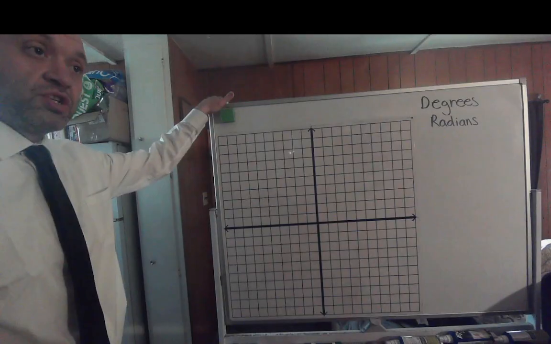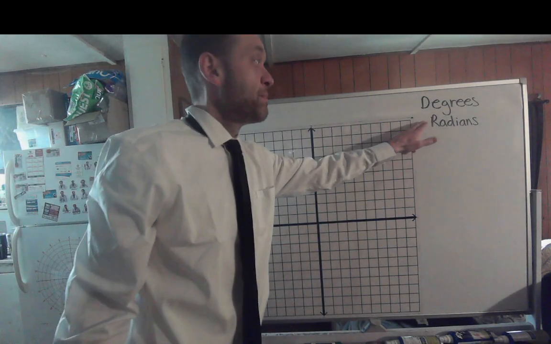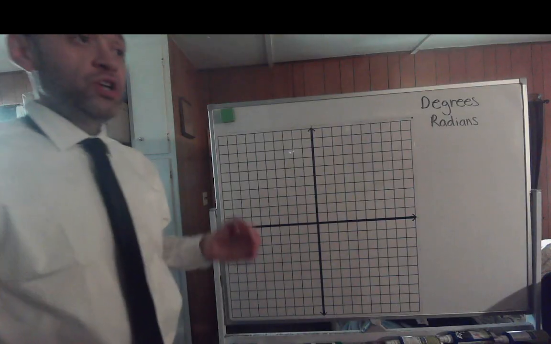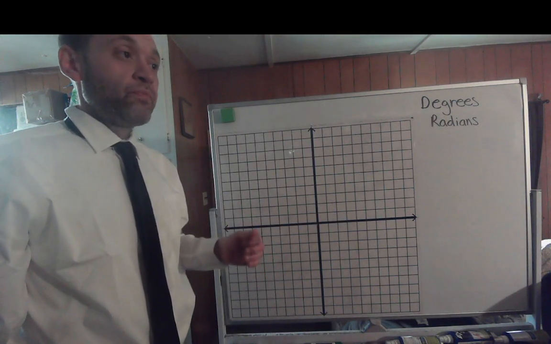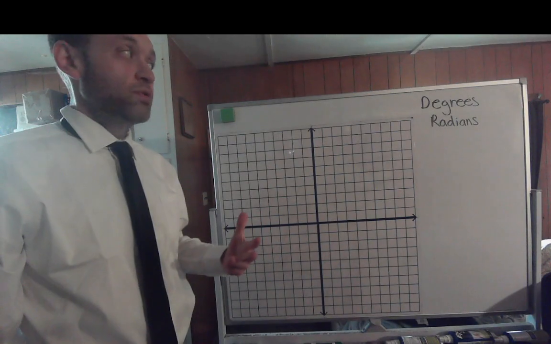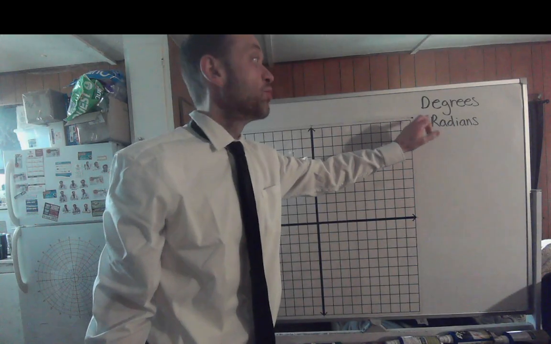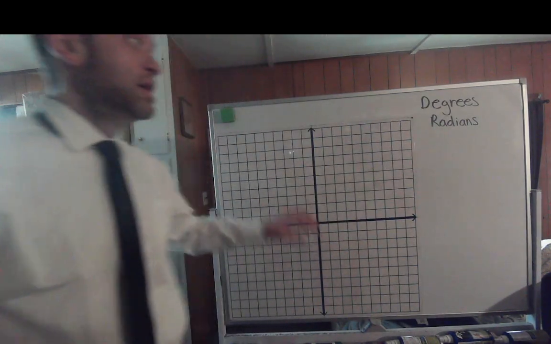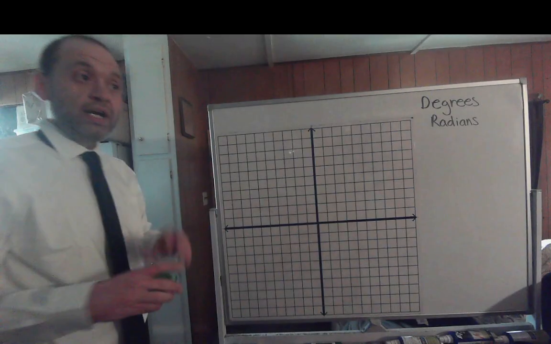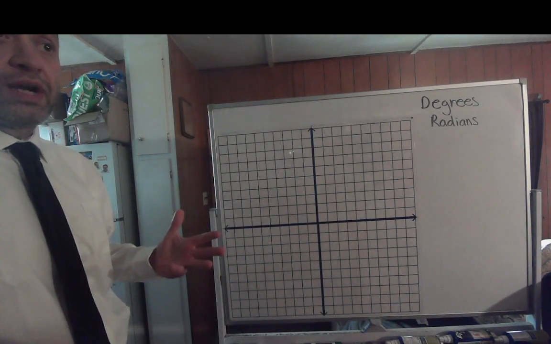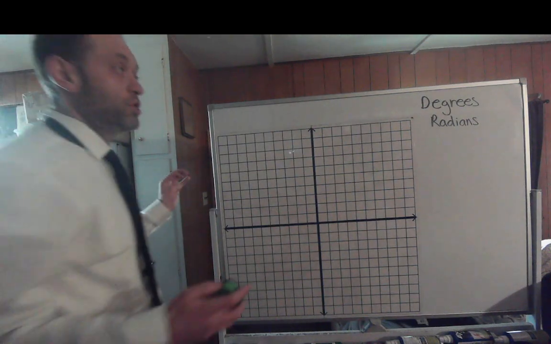But there's also radians. Largely when you get into calculus and other levels, and even a lot in this course, we're actually going to work primarily in radians. There is a way to convert between degrees and radians, which we will get into before terribly long.